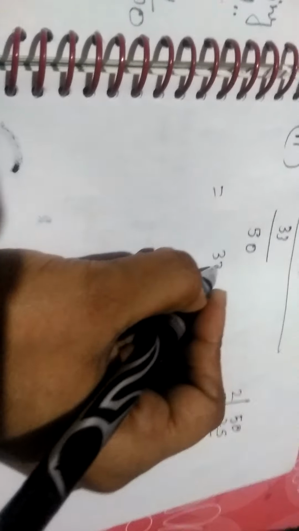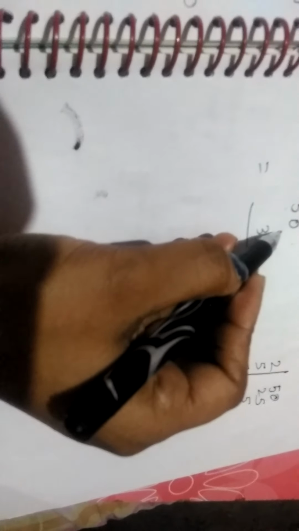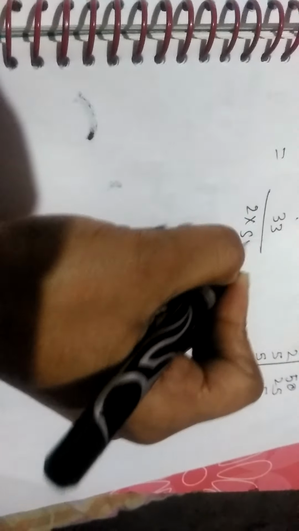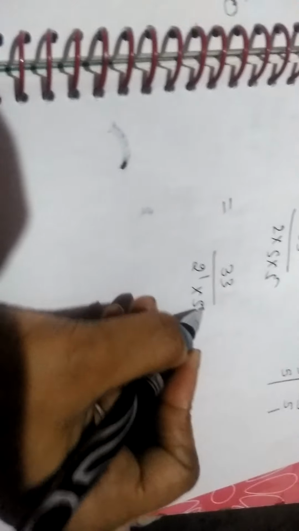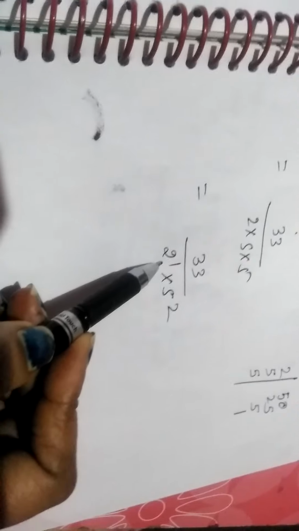Now we can write 50 as 2 into 5 into 5, so 33 upon 2 to the power 1 into 5 to the power 2. It is clear that the value of q is in the form of 2 to the power m into 5 to the power n, so it is a terminating decimal.